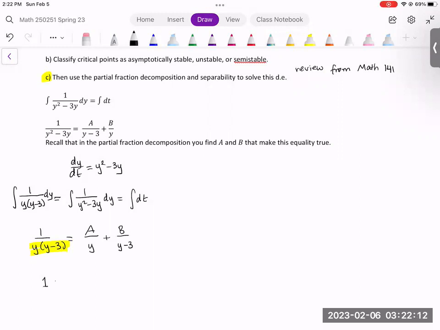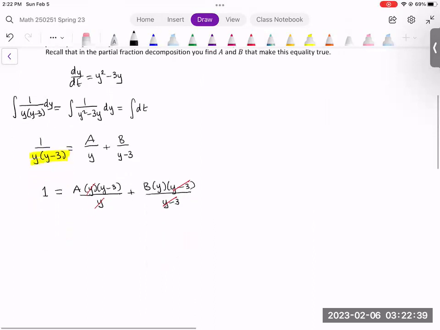So we have a 1, and on the right hand side we have a times y minus 3 over y plus b times 1 times y minus 3 over y minus 3. All right. Now there's a little bit of simplification we can do here. The y's cancel in the a term, and the y minus 3's cancel in the b term. Okay, and so we get 1 equals a times y minus 3 plus by. And we want to now solve for a and b.